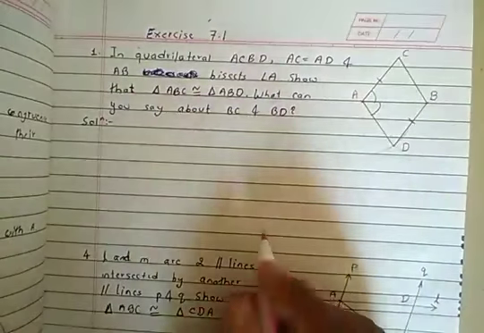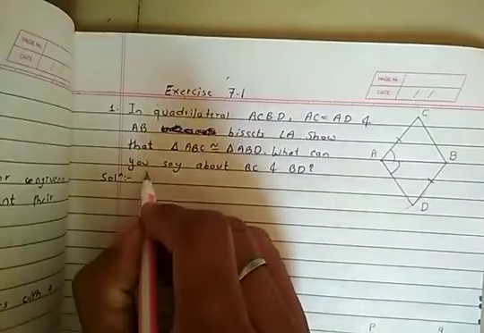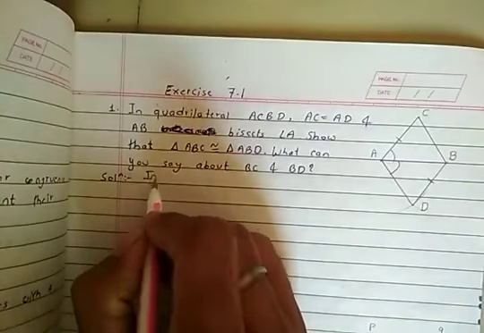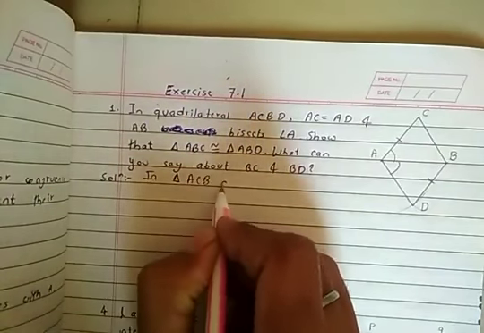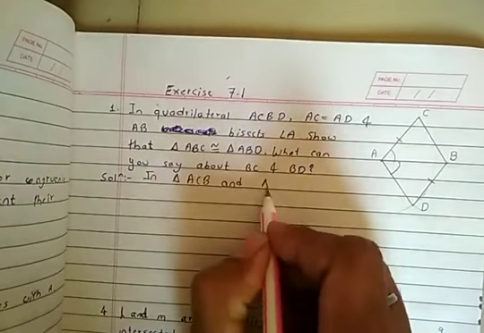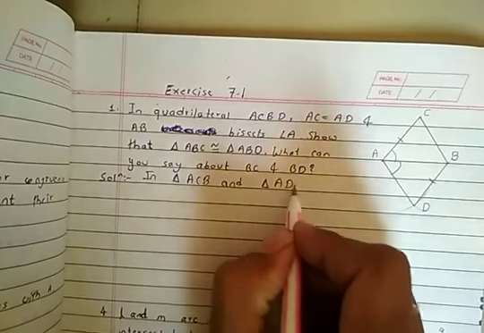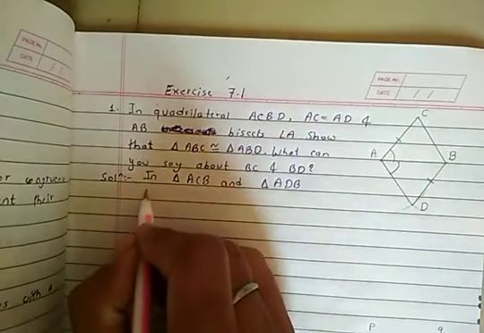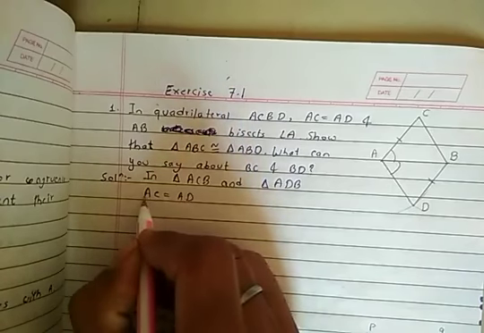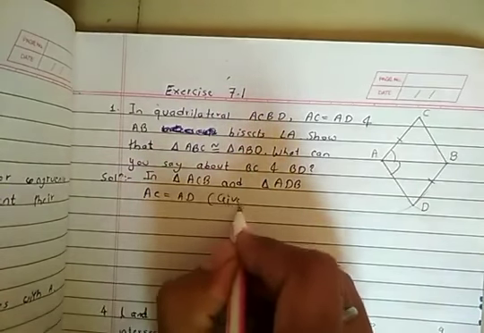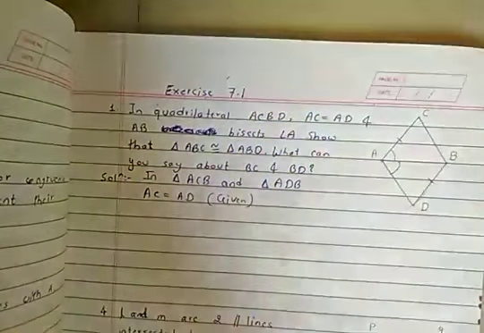How will we solve this? Whatever information is given, we'll write it down. In triangle ACB and triangle ADB, AC equal to AD. This is given, right?